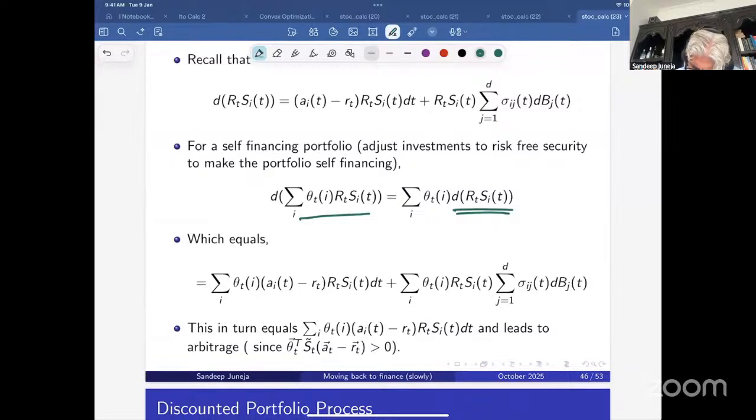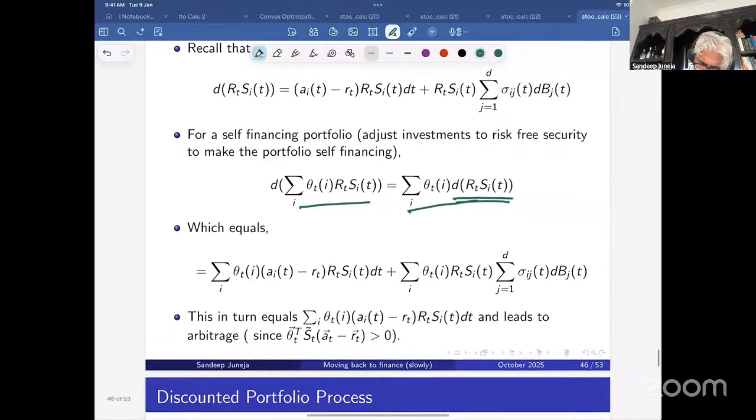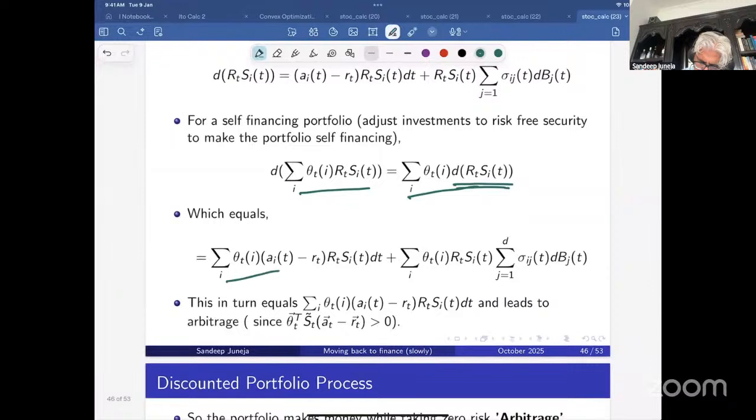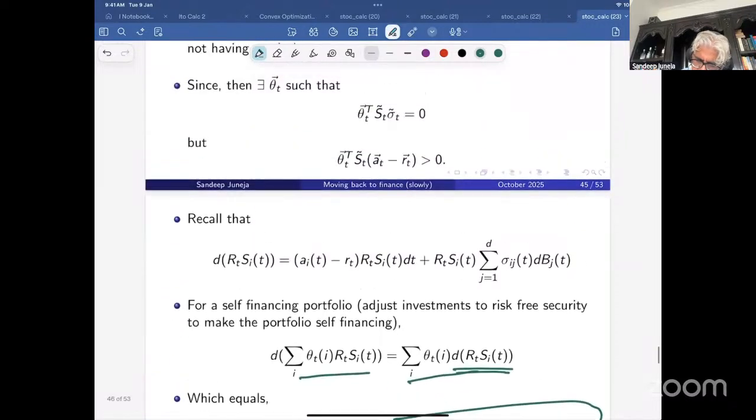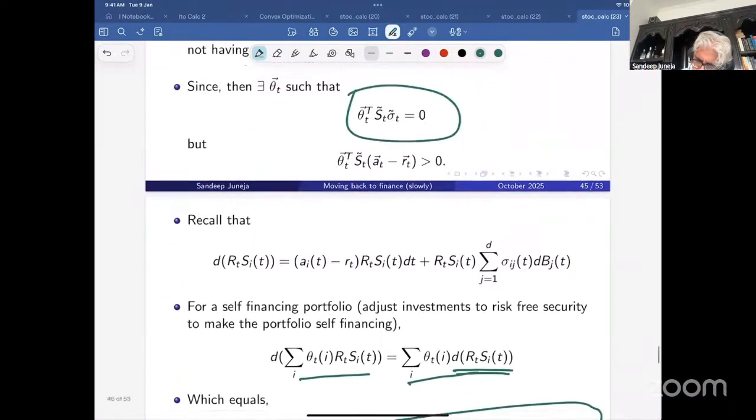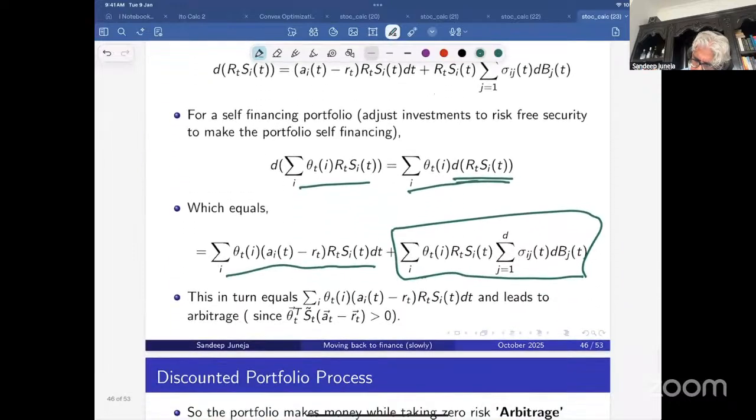Now let's look at this quantity right here. It's the summation of theta_i times (A_iT minus R_T) S_iT dt, and this quantity right here. The point is, because of the way the thetas are defined, because theta satisfies this property right here, the sum of theta_Ti S_iT sigma_ijT, for each j, when I sum up over i, gives 0.